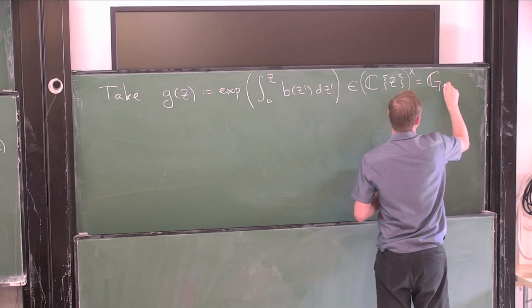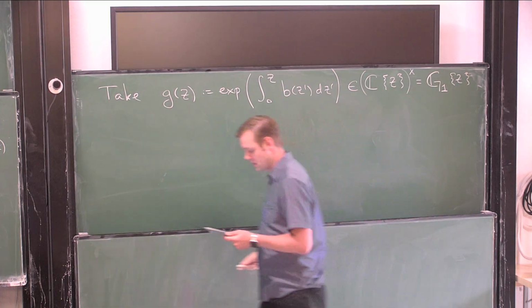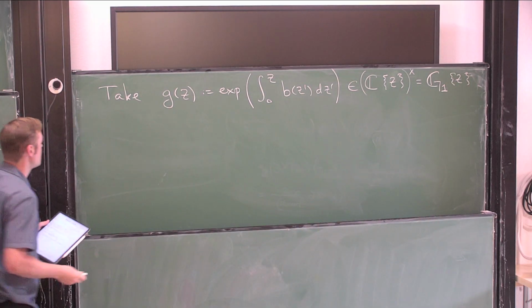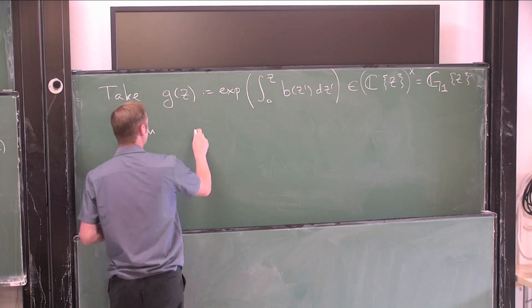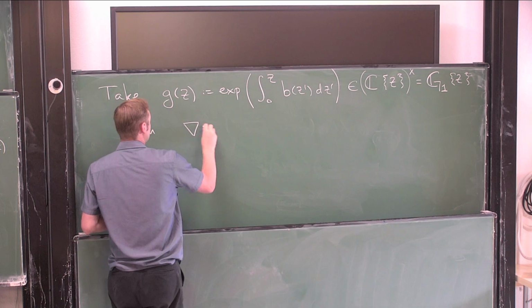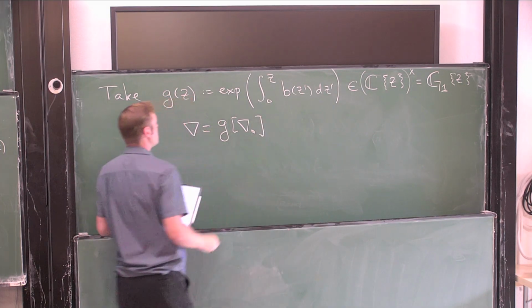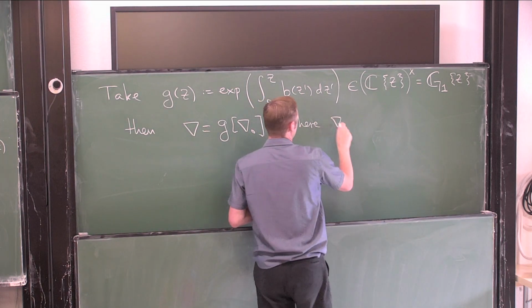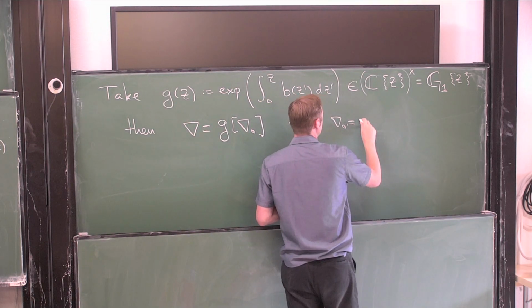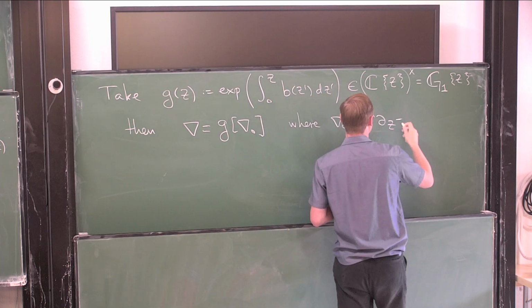This is what we call GL1 with coefficients in convergent power series. And then I claim that nabla is gauge equivalent to nabla naught, where nabla naught is just the principal part of nabla.